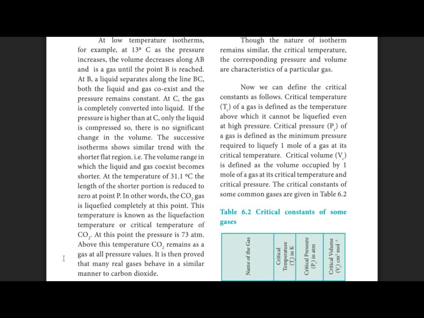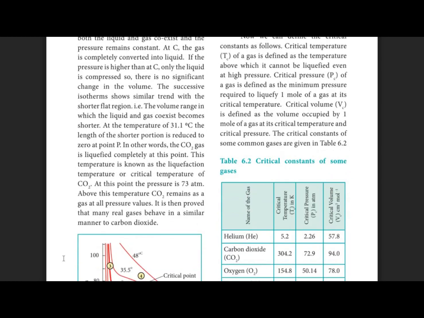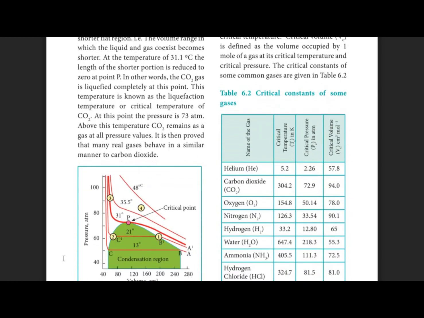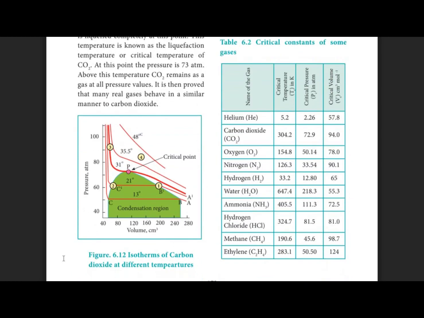At this point, the pressure is 73 atmospheres. Above this temperature, carbon dioxide remains as a gas at all pressure values. It is then proved that many real gases behave in a similar manner to carbon dioxide.